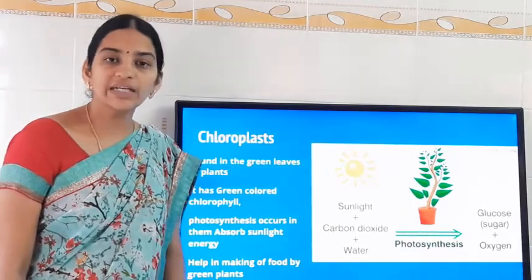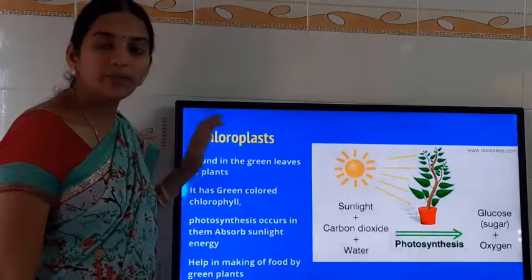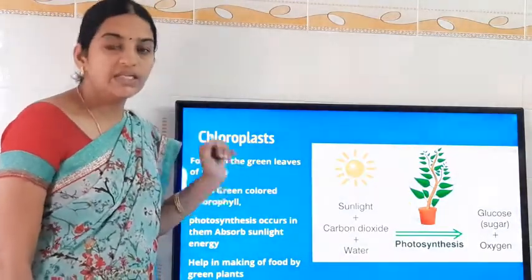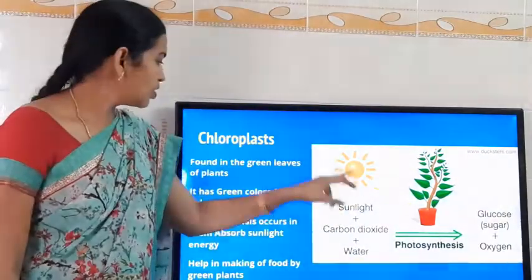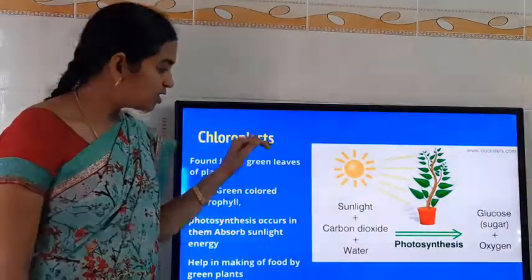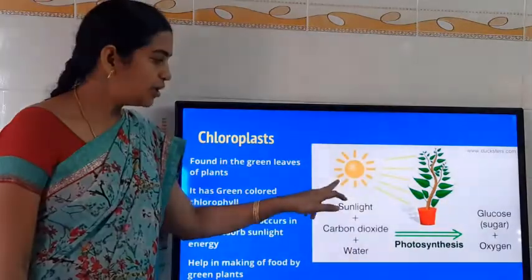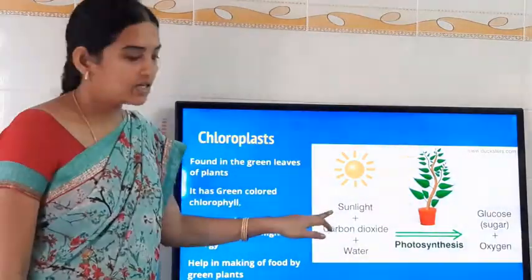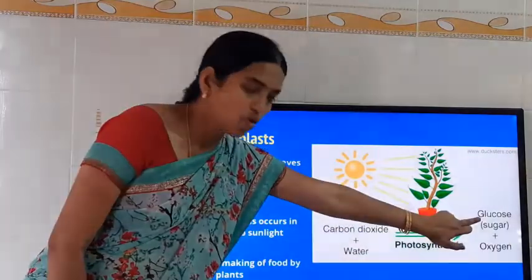Let us go into detail. As this chloroplast has the pigment called chlorophyll, this chlorophyll absorbs the sunlight. So in the chloroplast, the carbon dioxide mixes with the water in the presence of sunlight and it prepares its own food in the form of glucose.